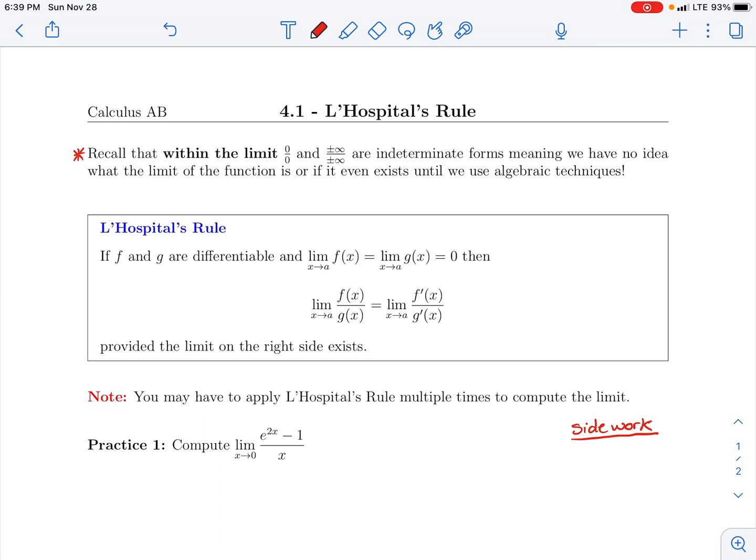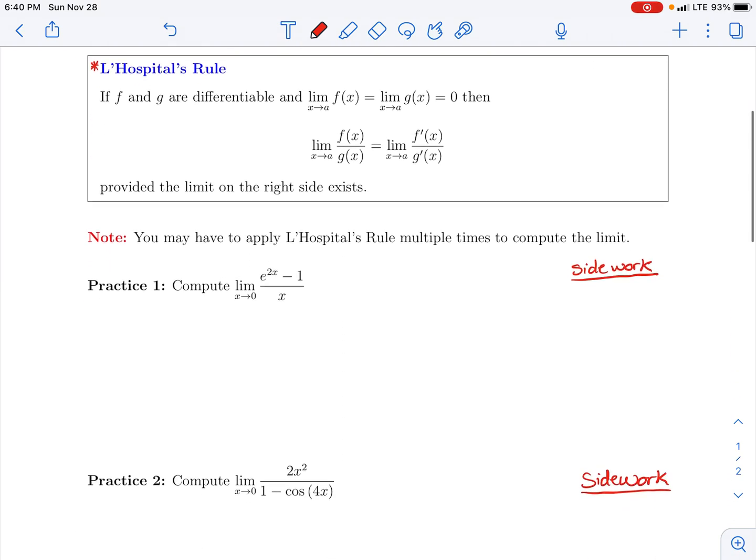You want to make sure that you recognize that L'Hopital's rule is not using quotient rule there to tell me that the derivative of f divided by g is the derivative of the top divided by the derivative of the bottom, because that is incorrect. That's just the special part that comes with L'Hopital's rule that you can actually compute the limit using that technique. Okay, so let's do an example.